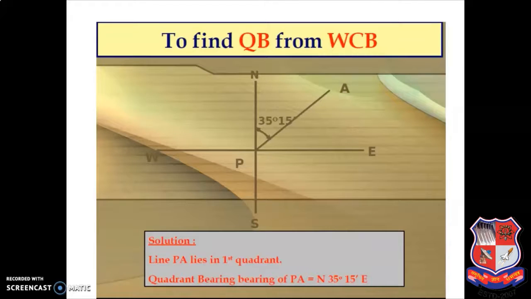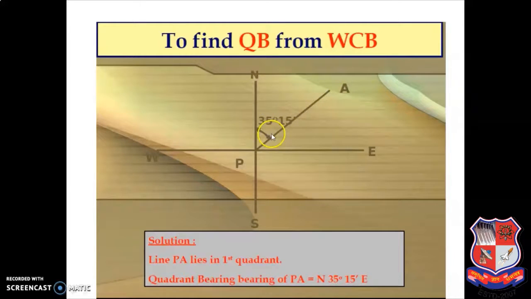Now here are some more examples. This example is to find QB, meaning quadrant bearing, the reduced bearing, from WCB. I have drawn one figure with north, east, south, west, the four quadrants, and line PA is given.